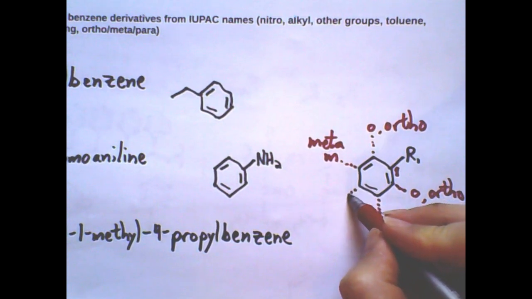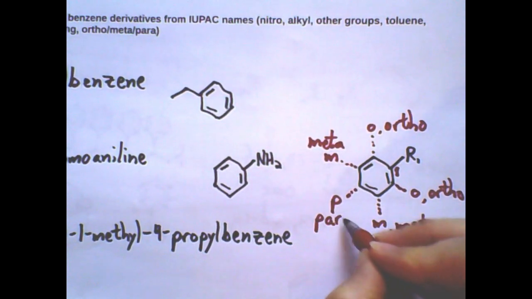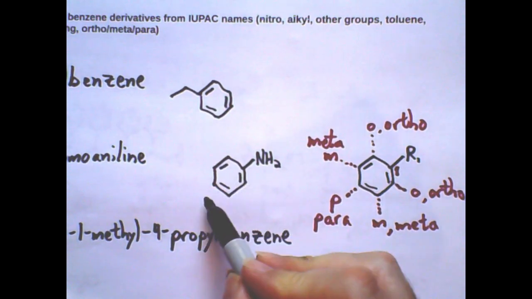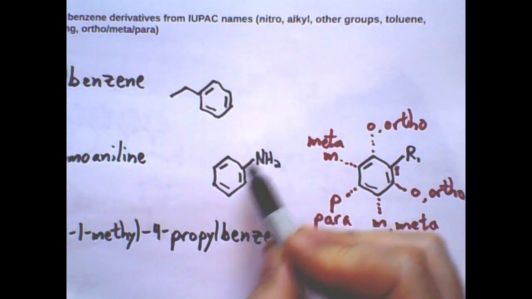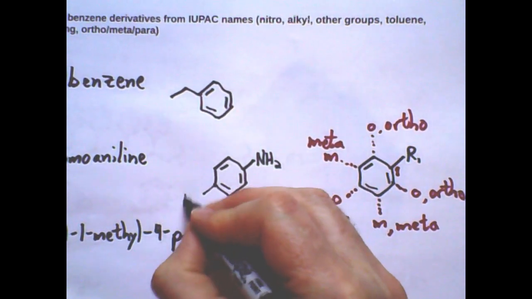And if it's all the way across, it's P for para. So these are things you might encounter when you see names. So we're going all the way across from the aniline amine, and we're adding a bromo group, Br.